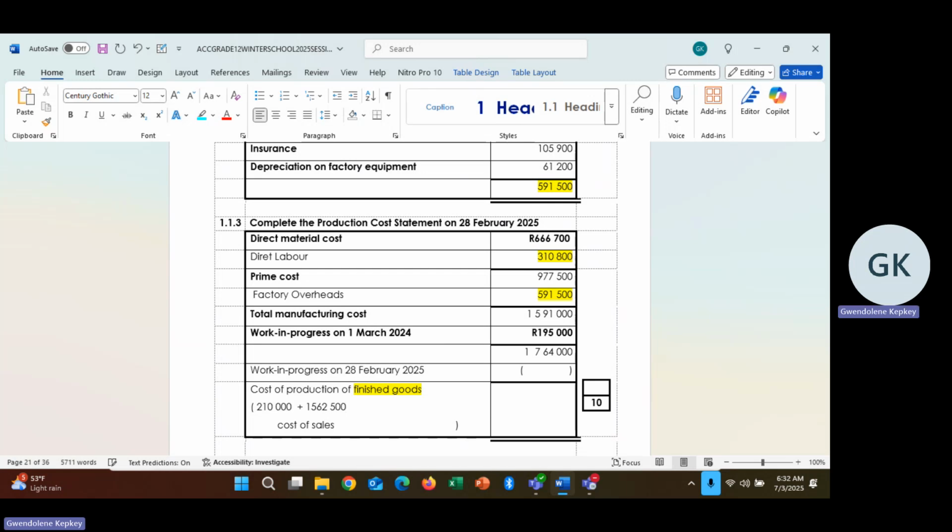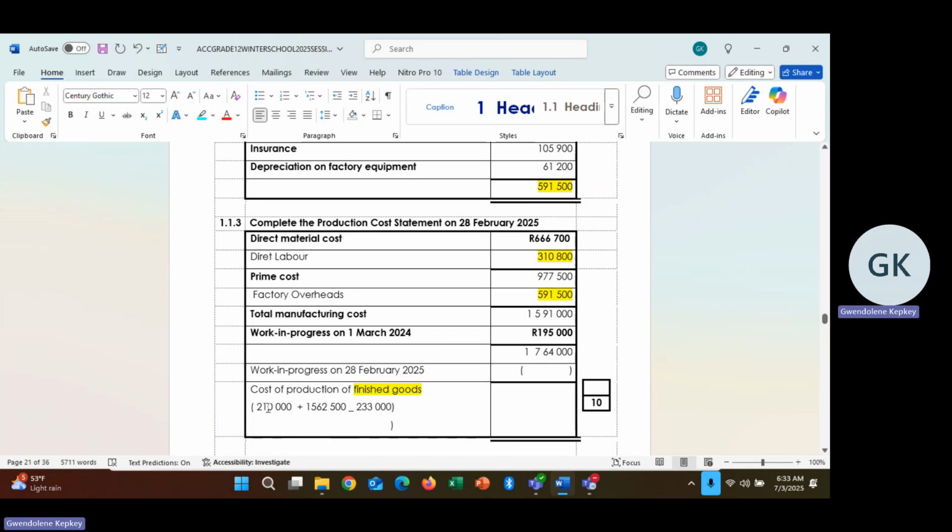1,562,500. And then, why is it that I must take off the finished stock of the previous year? Remember, we need to calculate what was produced within this year, the current year. Therefore, it must make a lot of sense that we're going to take off the 233,000 finished goods of the previous year. Okay, so let's just recap.